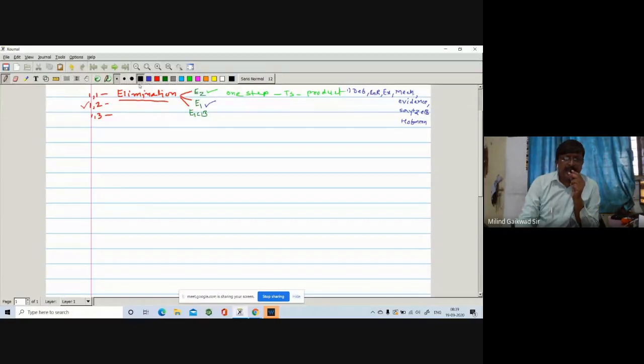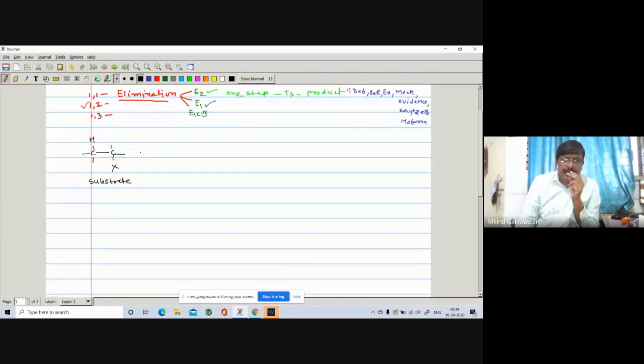In the E1 mechanism, in general, suppose you have a starting compound where there is a leaving group X and a hydrogen. It is a substrate. This substrate is treated with a base.